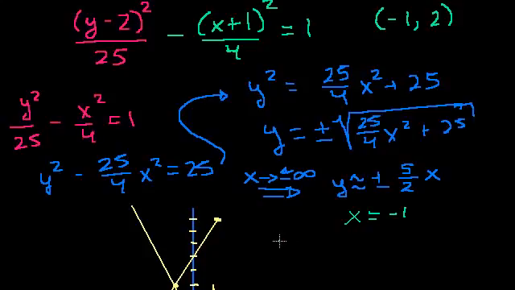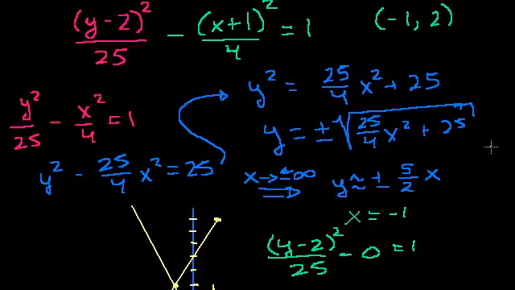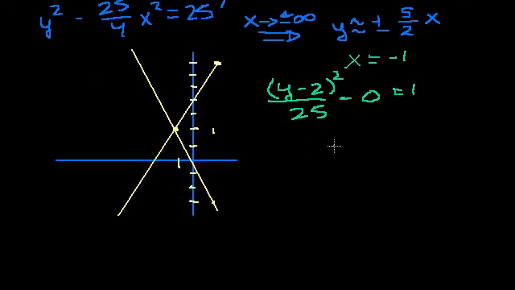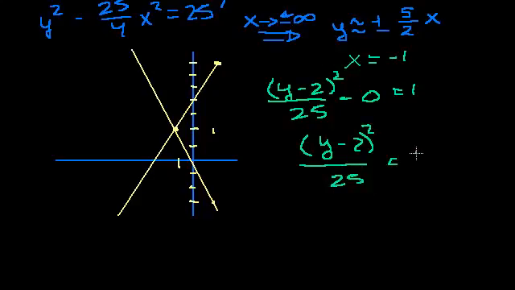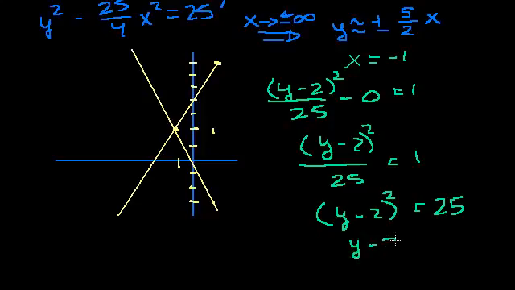So then you get y minus 2 squared over 25. This becomes 0, minus 0 is equal to 1. So you get y minus 2 squared over 25 is equal to 1. y minus 2 squared is equal to 25, just multiplying both sides by 25. y minus 2 is equal to plus or minus 5, just taking the square root of both sides.